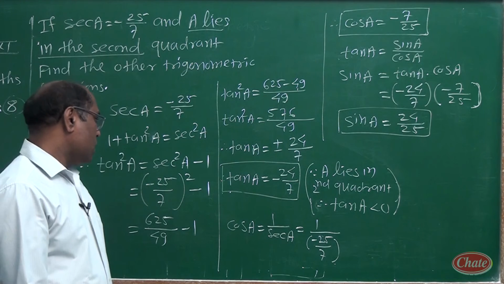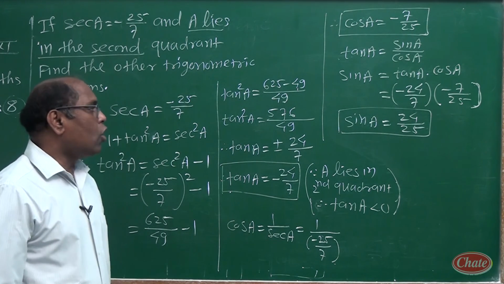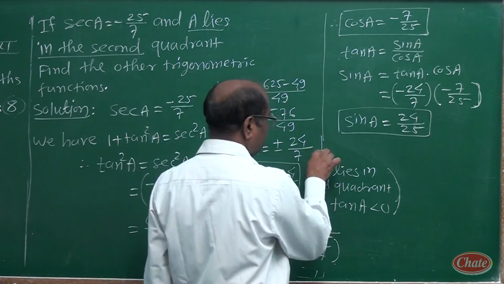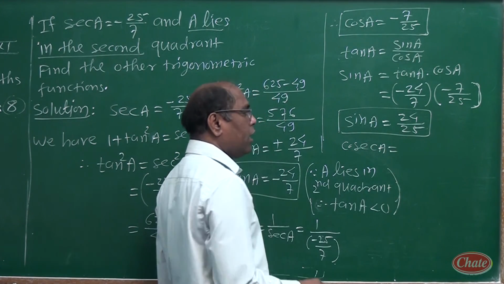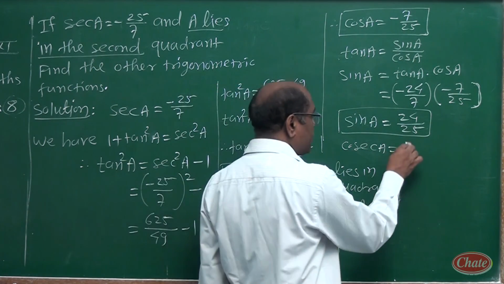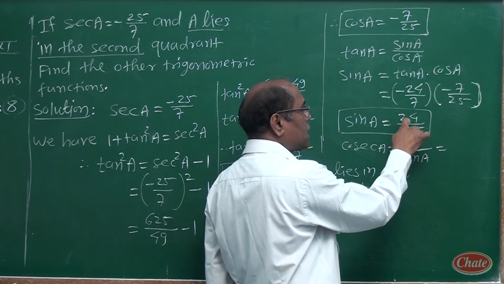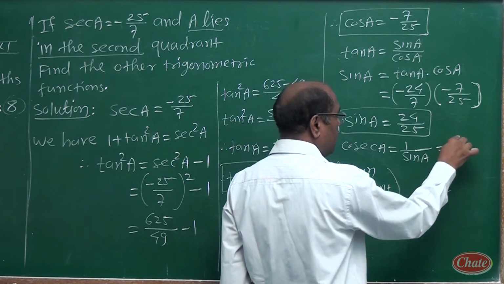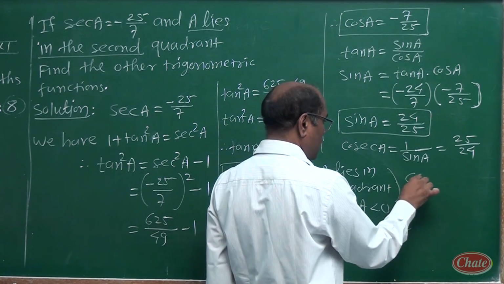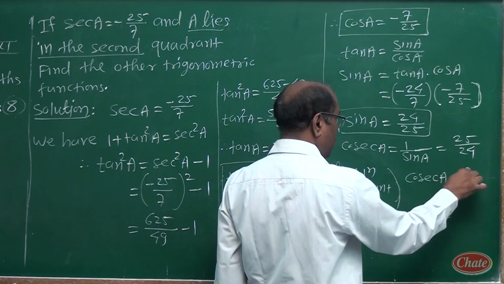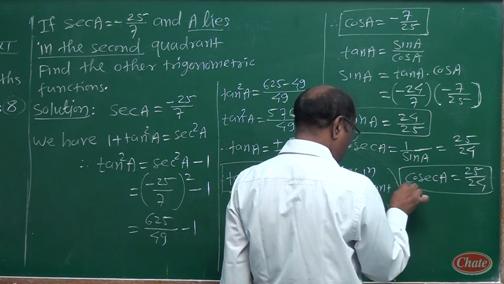And lastly, now to find out the value of cosec A and cot A. Cosec A is equal to 1 upon sin A, which is the reciprocal of 24 upon 25, that is 25 by 24. So therefore cosec A is equal to 25 upon 24.